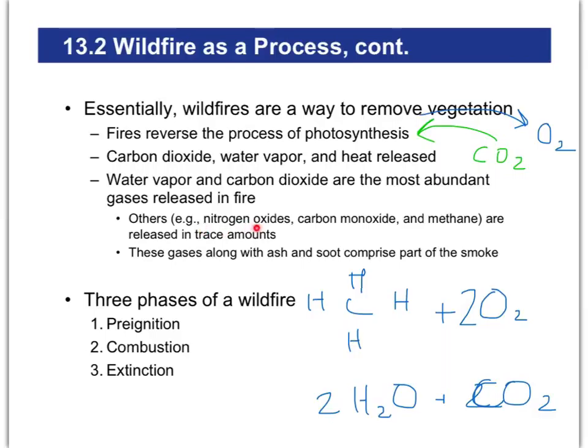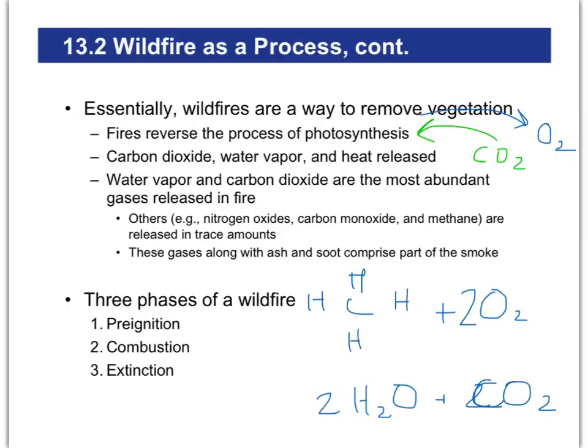You've got nitrogen oxide and carbon monoxide and even some methane, which is what this is right here. Not all of it is burned, but in most cases, predominantly water and carbon dioxide are released, which seem like pretty harmless things. It's not like they're pollutants or anything. The water we certainly need in the atmosphere, and carbon dioxide is important as well, but of course, too much carbon dioxide we know can contribute to global warming.